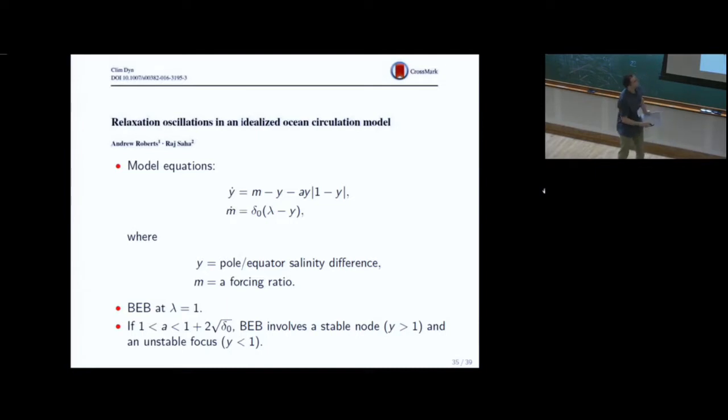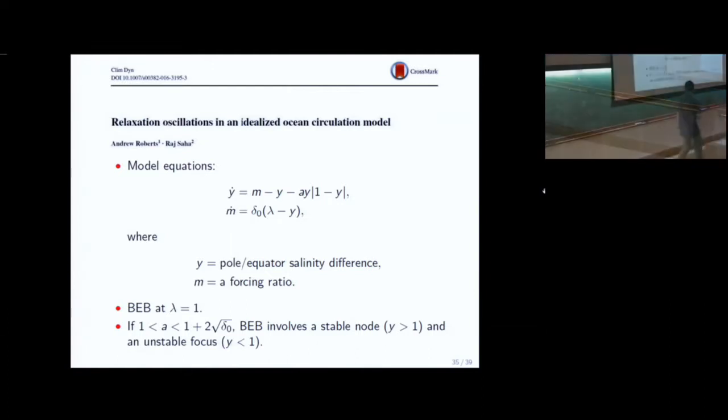If you do some analysis, you find that for A between 1 and some number bigger than 1, you've got a boundary equilibrium bifurcation. On one side, you've got a stable node. On the other side, you've got an unstable focus. Similar to before, where we had a saddle and an unstable node.